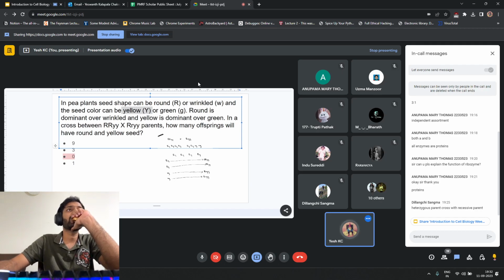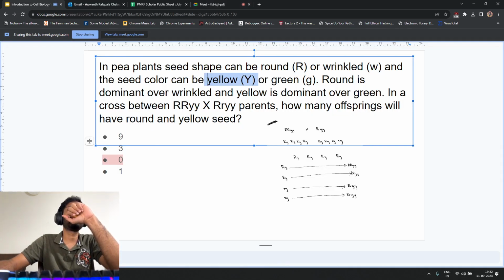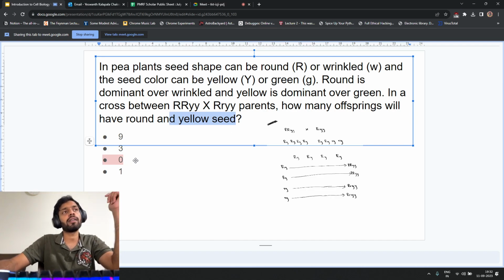Do you guys have any questions? So you need to have the dominant allele to get yellow seed, and both the parents do not have the dominant allele. So none of the offsprings will have the dominant allele. So none of the offsprings have yellow seed, essentially.